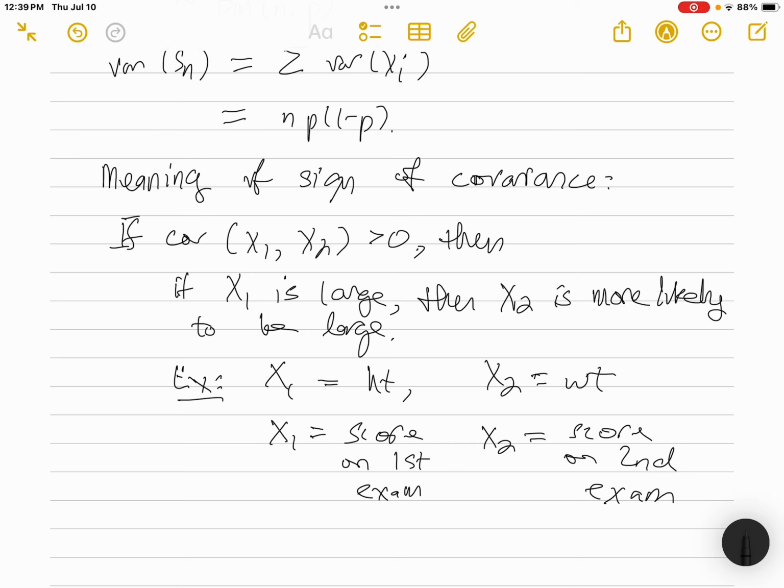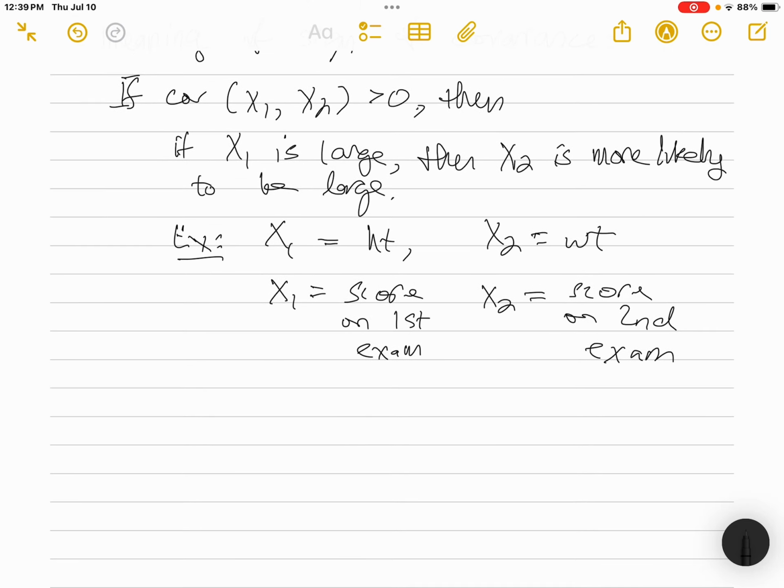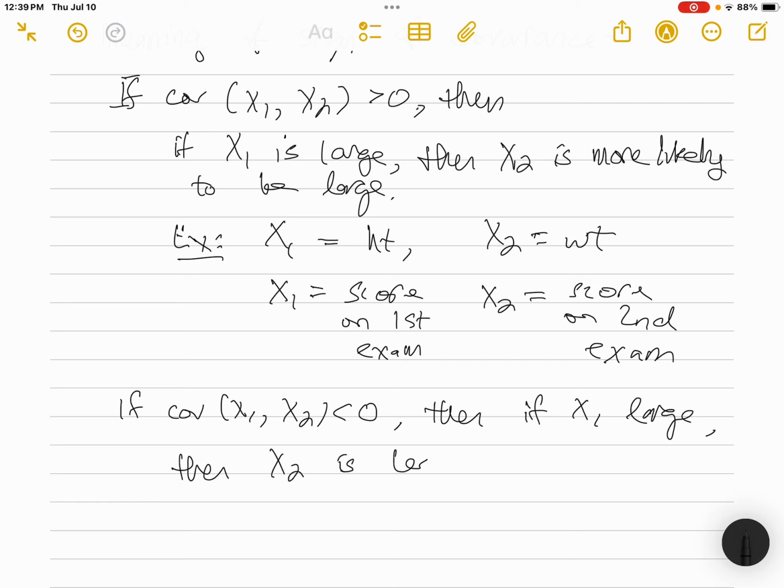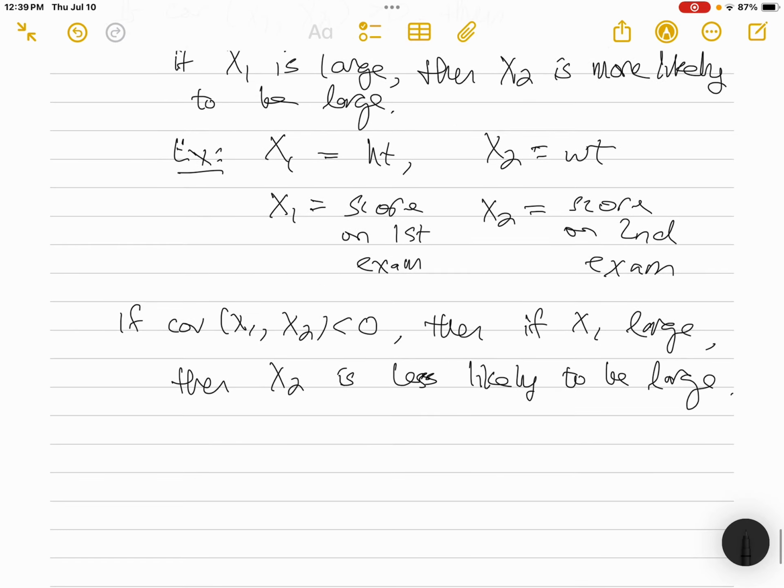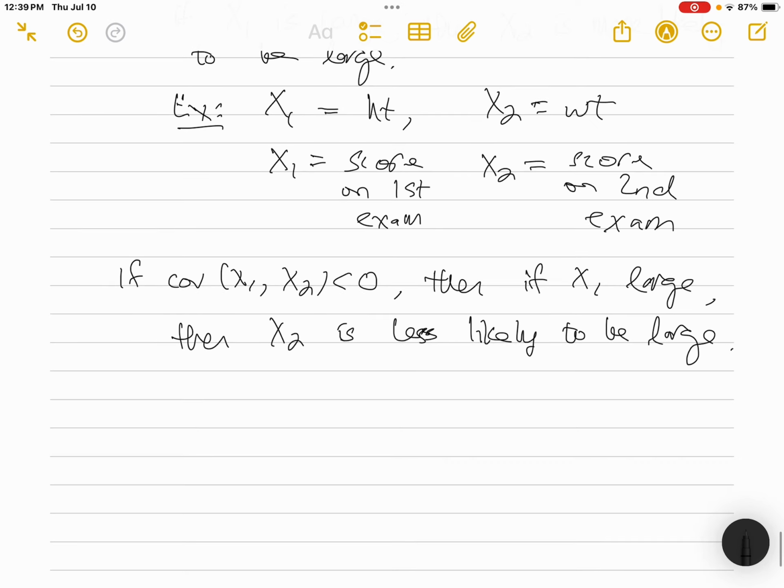And if you have a negative correlation or negative covariance, then one way to interpret that is if x1 is large, then x2 is less likely to be large. Basically, if x1 increases, then x2 is expected to decrease.